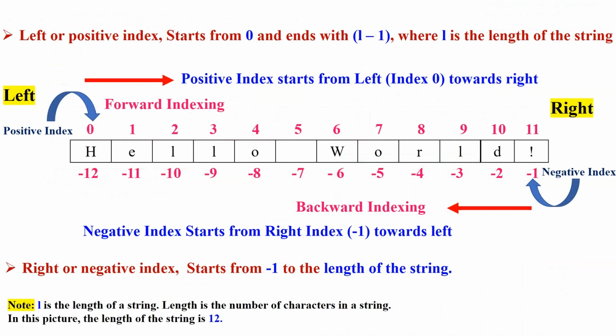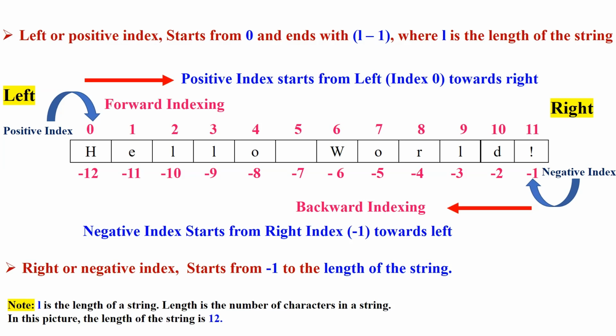Now, look at this picture. In string indexing, we can start index value either from the left or from the right. Left or positive index starts from 0 and ends with L-1, where L is the length of the string. Right or negative index starts from -1 to the length of the string. Here, you have to note that L is the length of a string.